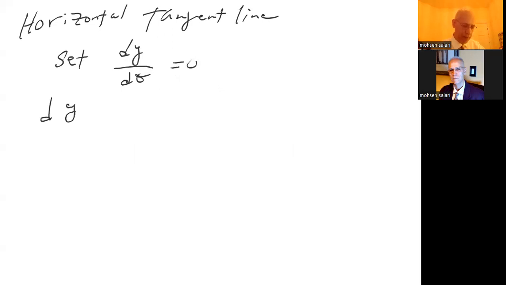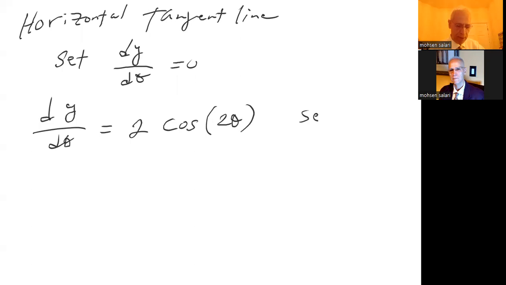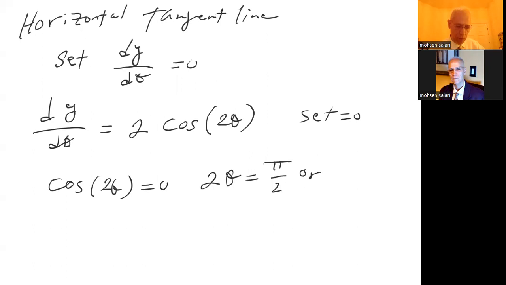Horizontal tangent line. So we want to set dy d theta equals 0. And dy d theta equals 2 cosine of 2 theta. Set equal to 0, then I get cosine of 2 theta equals 0. So 2 theta equals pi over 2 or 3 pi over 2.